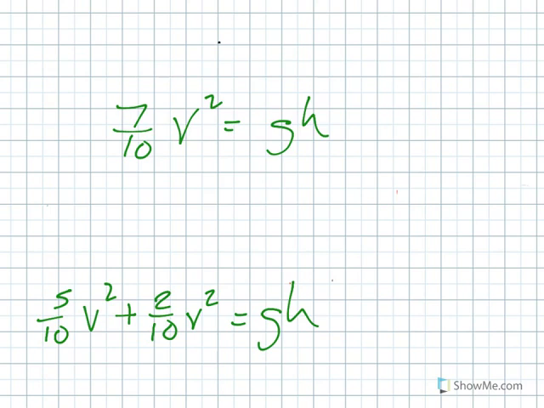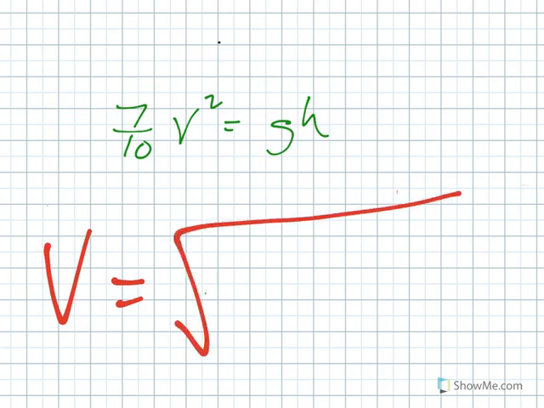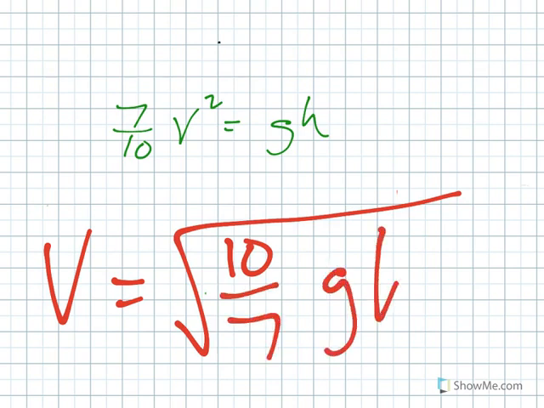So now solving for v, multiply both sides by 10/7 and take the square root. So that's going to give us, finally, in big letters here, v equals the square root of 10/7 gh.